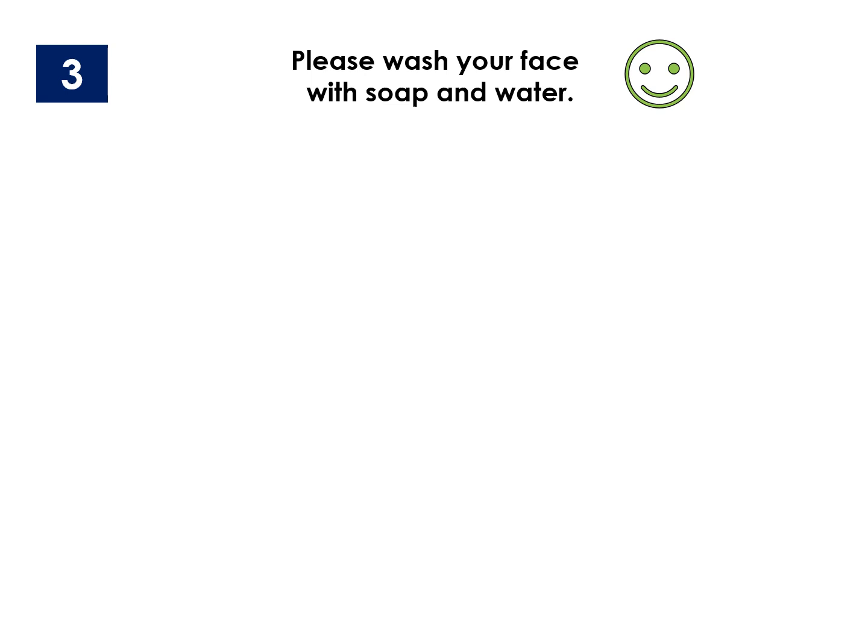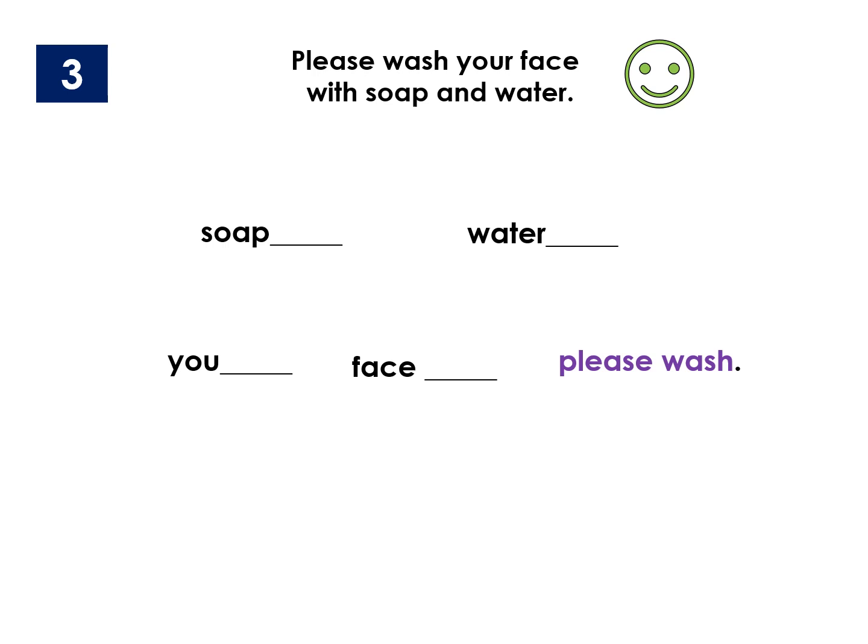Next sentence. Please wash your face with soap and water. The elements are soap, water, you, face, and the verb please wash. Soap takes the particle to for and. Water takes the particle de for instrument. What do you use to wash your face? Soap and water. Soap to water de. You takes the particle no for you no face, or your face.